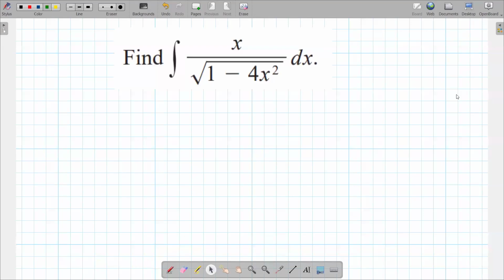How do you know? Because that x in the numerator, right, is a derivative of what? The denominator. The denominator, 4x squared, will give you 8x. But that 8, again, we can always kill it. So here, our u must be 1 minus 4x squared.